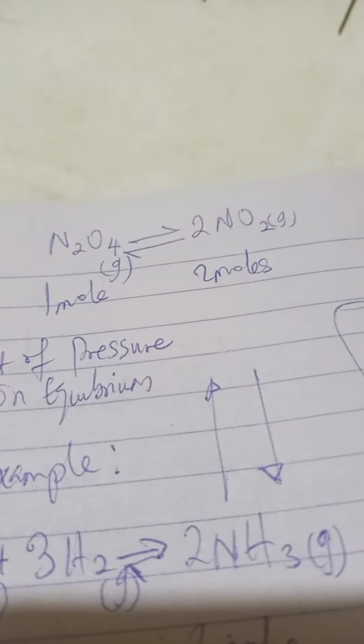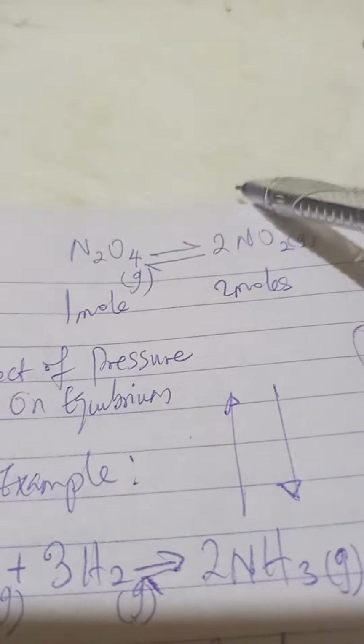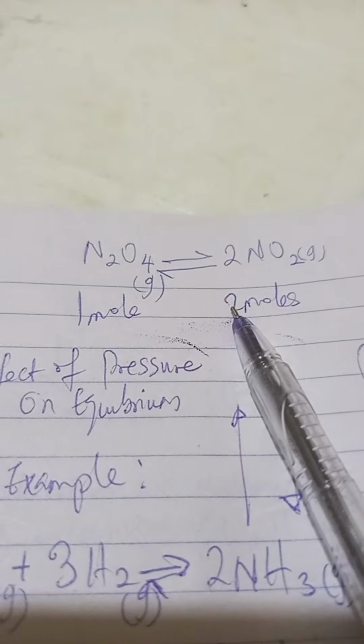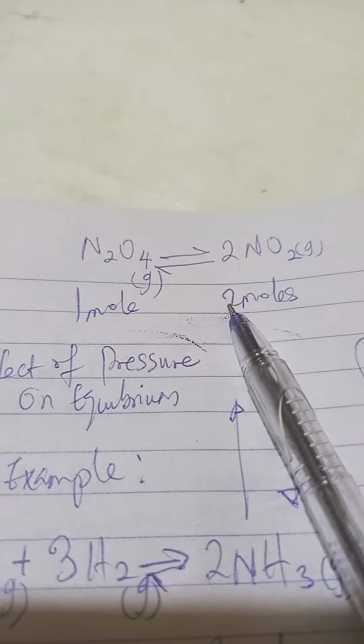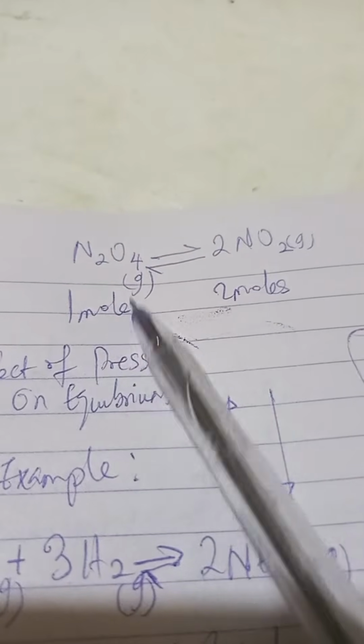Please check well. You are confusing it. This system, increase in pressure. Backward. It favors the side that has the smaller number of moles.